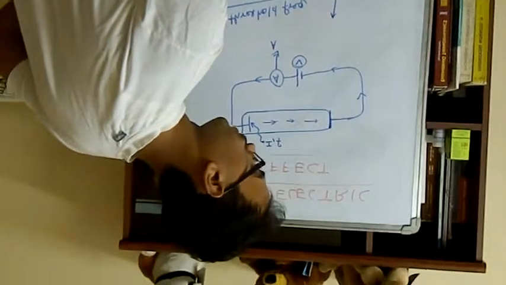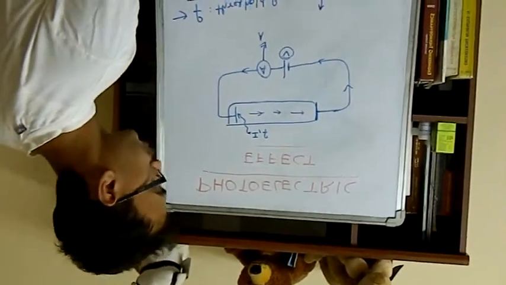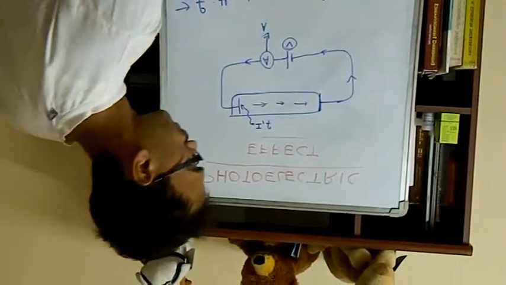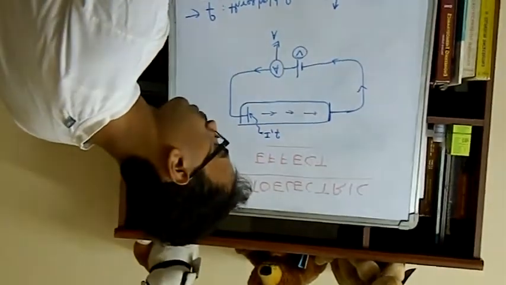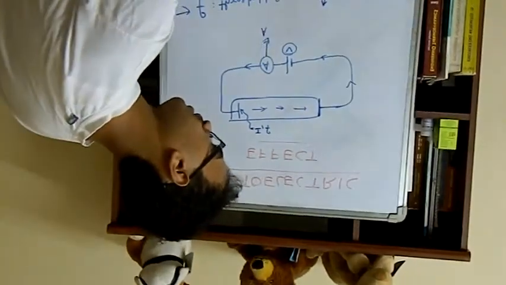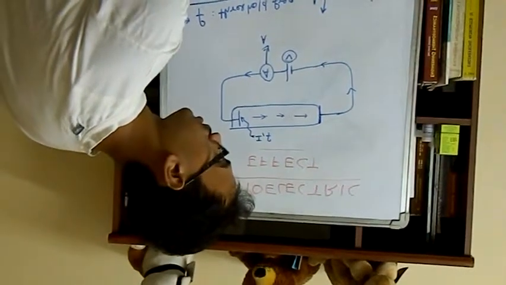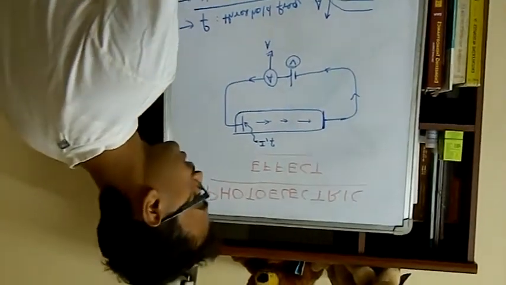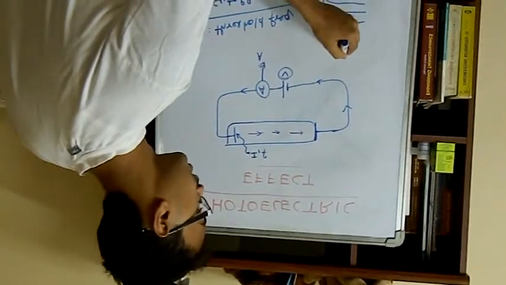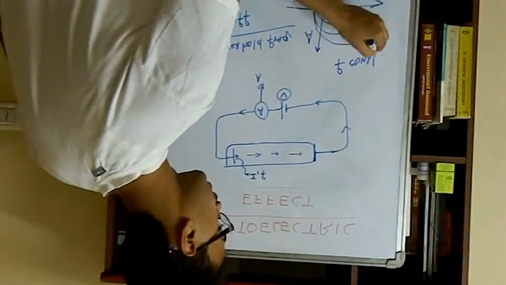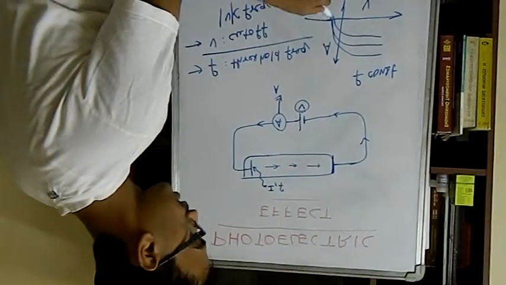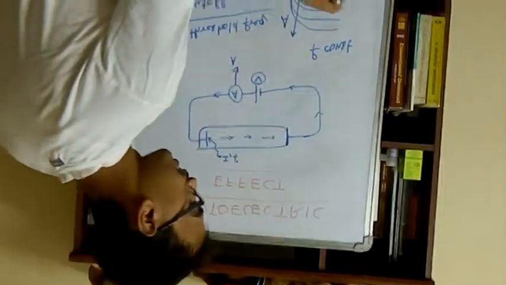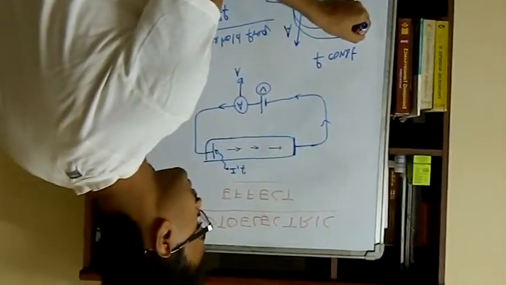If you see the plot of the photocurrent A versus the voltage V, the plot would look like this. These are plots where the frequency is constant, with a particular threshold frequency below which no photocurrent is observed, and these are successively increasing intensities.